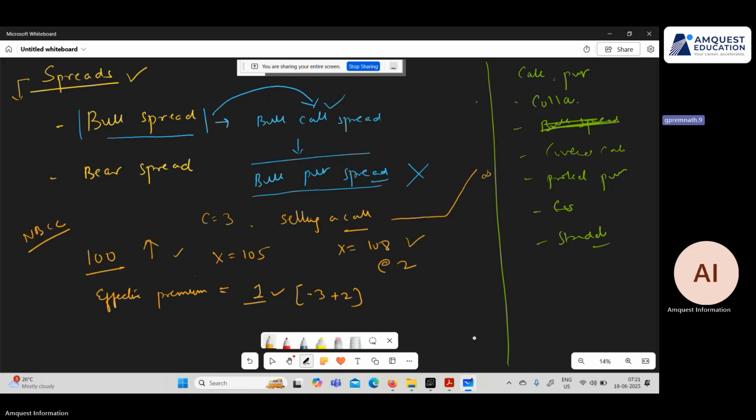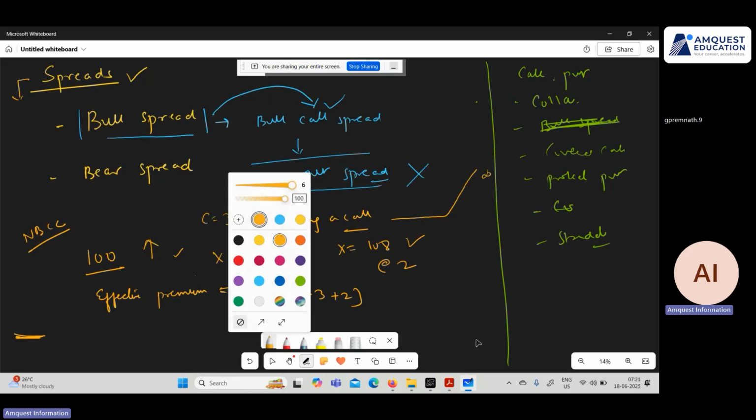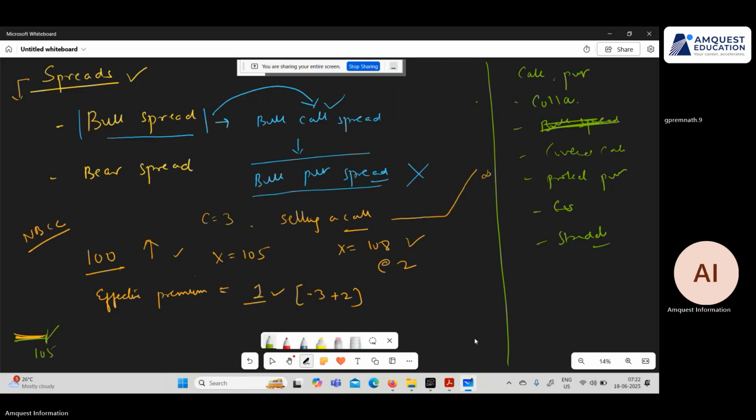I won't earn anything less than 105, and this is 105. And I won't earn anything after 108.